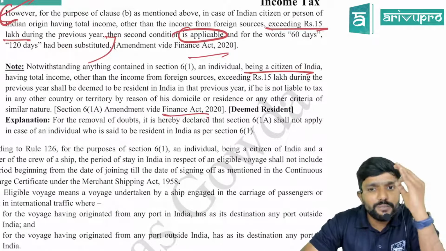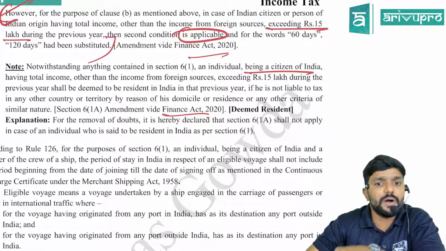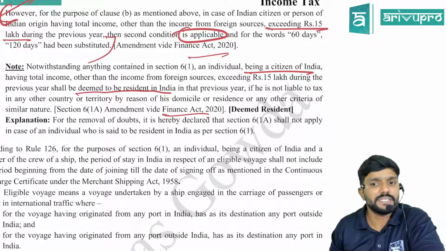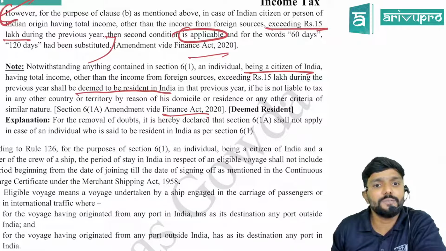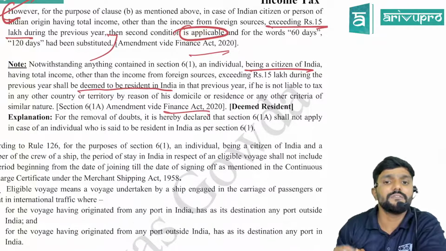Yes, an individual being a citizen of India having a total income other than the income from foreign sources exceeding 15 lakh during the previous year shall be deemed to be what? Resident in India in that previous year, not forever, for that year. If he is not liable to pay tax in any other country or territory by reason of his what?